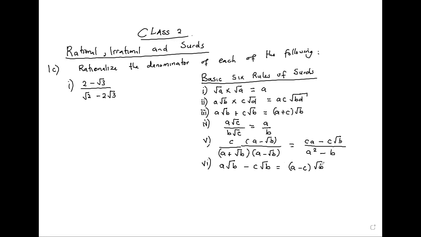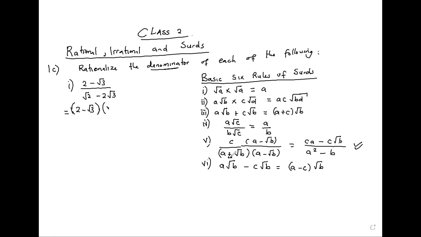So if I understand this, you see how we use them. In one question, they might all be used. So we get back to our question. It's a fraction, and they're saying rationalize the denominator. So we'll use rule number 5. We'll keep the numerator the way it is and multiply it by the denominator with the inner sign changed.